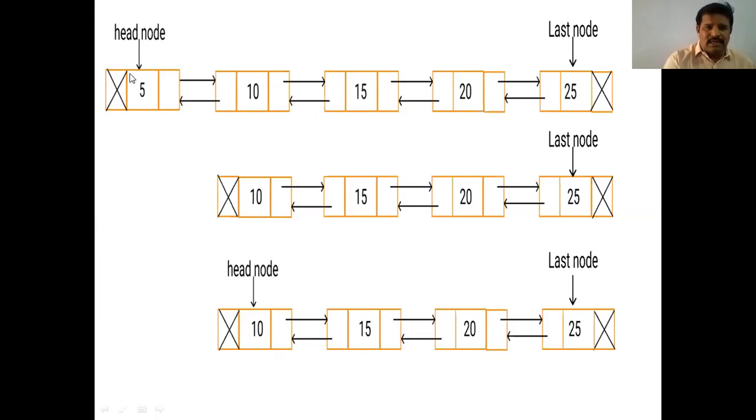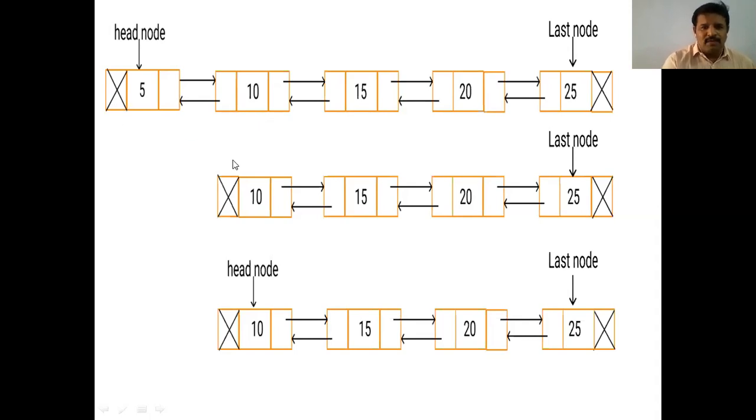Now we'll delete the first node. Suppose this node is deleted, what is the first node? 10 is the first node. So the address of the node 10 should be stored in the head, and the previous link of the node 10 should be null. In this way, we can adjust the pointers and then delete the node 5 from the list.